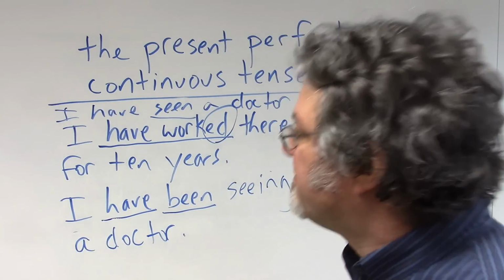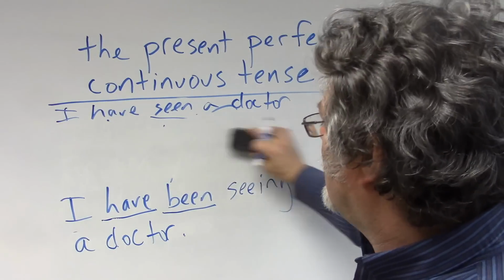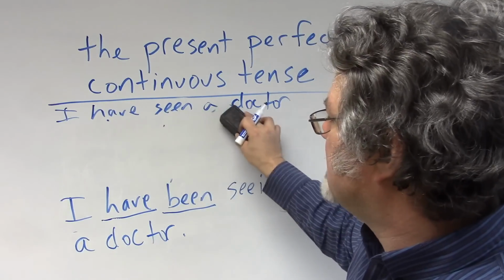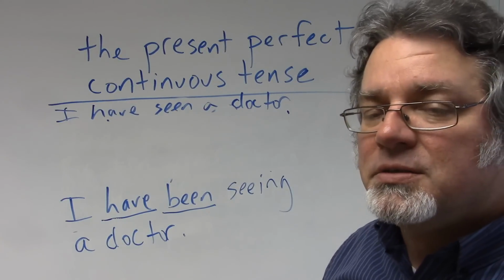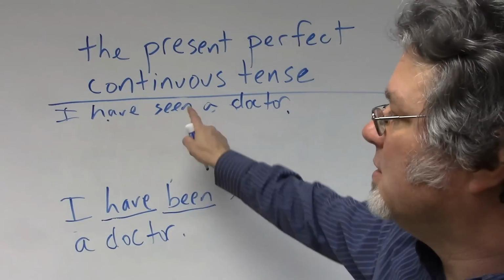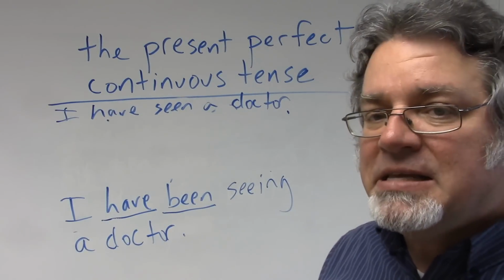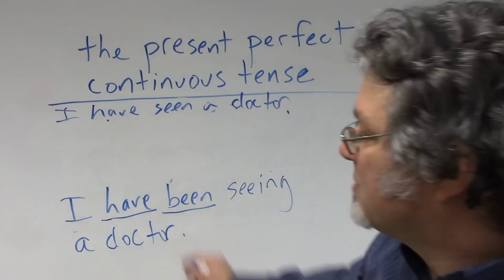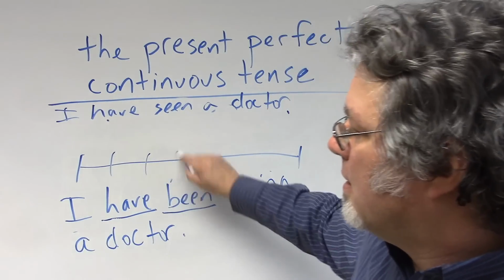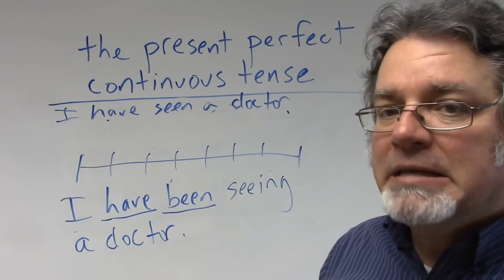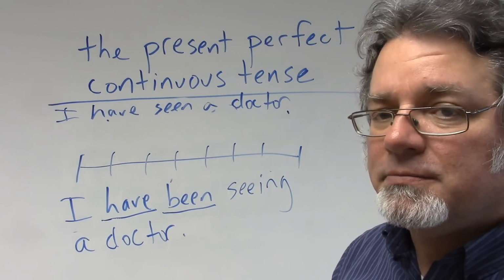There is another difference between those two sentences. If you say, I have seen a doctor, this could imply one visit or more, but most likely just once. And if you say, I have been seeing a doctor, then this sounds like it's over a period of time and perhaps many times.